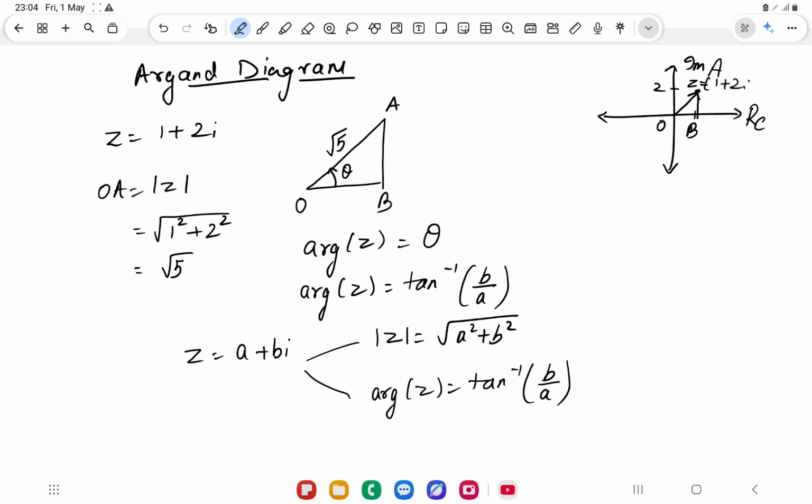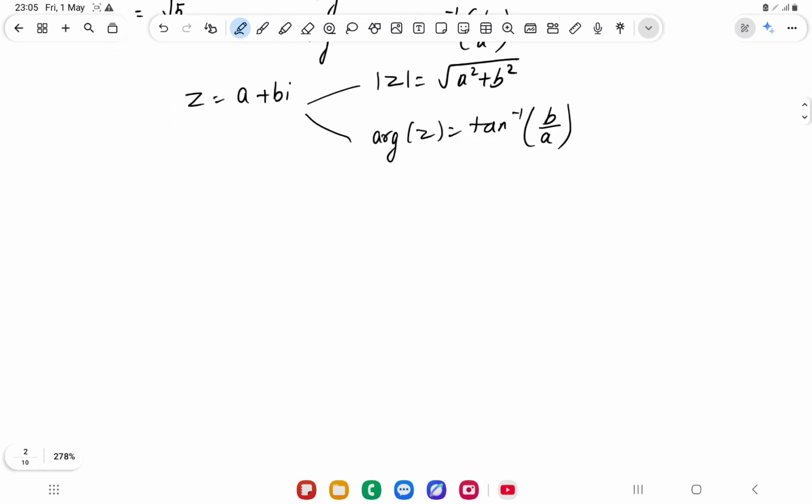The exam tip is always check which quadrant your complex number is in before calculating the argument. Now till now what we have studied is all in Cartesian form. Why Cartesian form? Because I am writing my complex number in Cartesian coordinates a and b.